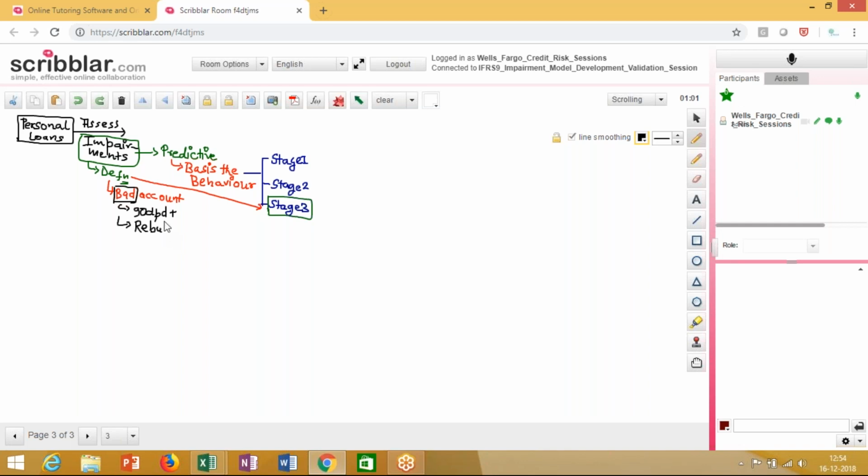It's called the rebuttal analysis. So what is this rebuttal analysis? Now, this rebuttal analysis distinguishes IFRS 9 from Basel, because Basel is a capital adequacy accord, right?